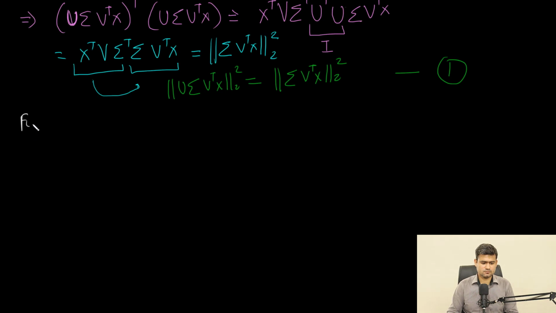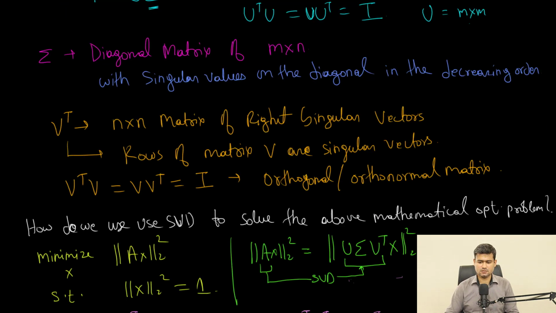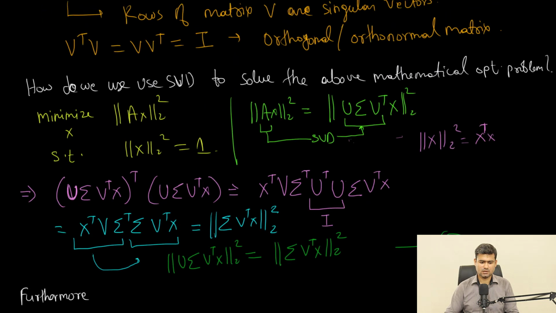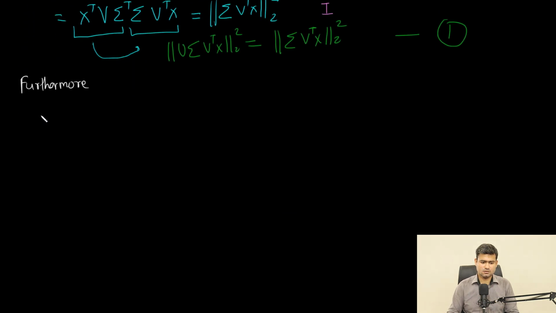Furthermore, in the constraint we have the norm of x squared is equal to 1. The norm of x squared is equal to x transpose x. So we can rewrite this using the fact that V is an orthogonal matrix.